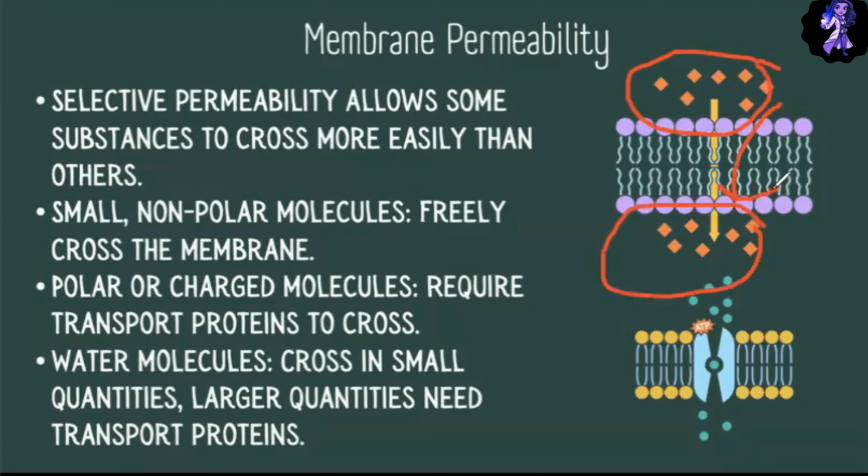However, if we need some sort of assistance, like it is charged or polar, then we would use some sort of transport protein to transfer it across the phospholipid bilayer. Now, water, for example, can cross in small quantities, but larger quantities will need some sort of transport protein assistance. So selective permeability is important in terms of understanding the plasma membrane.